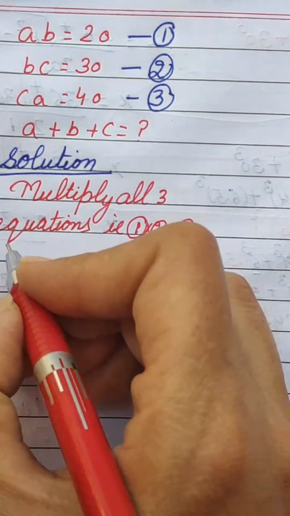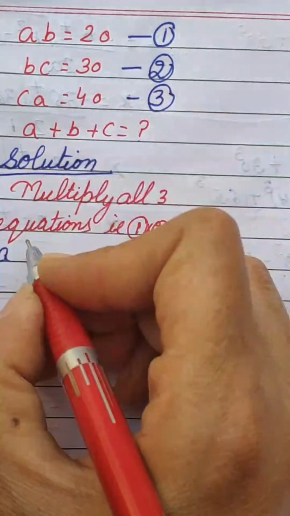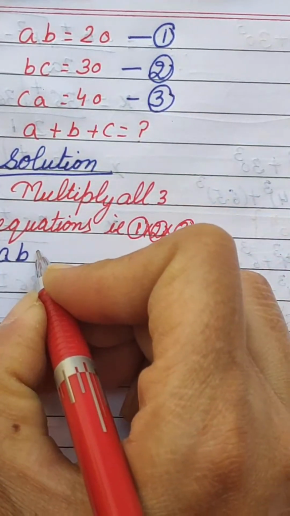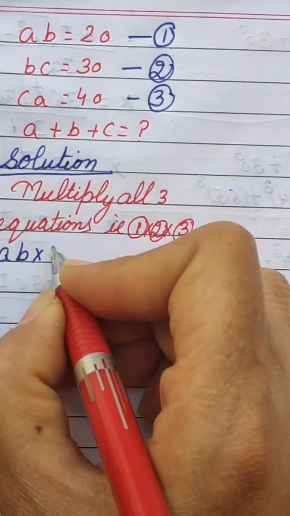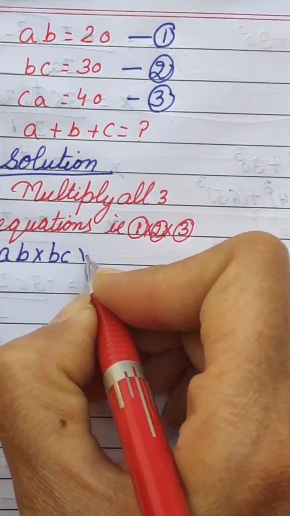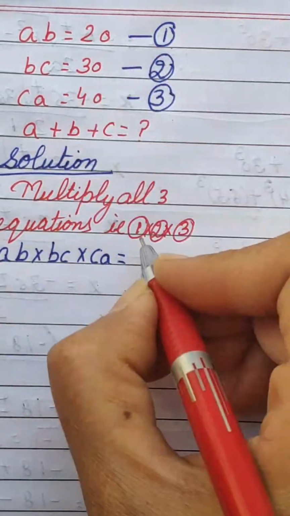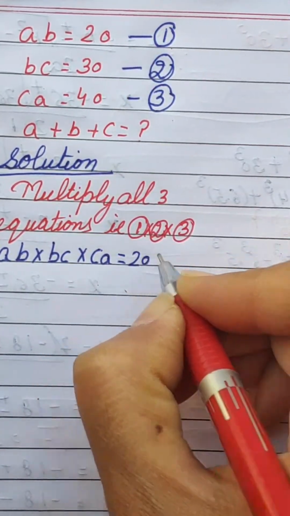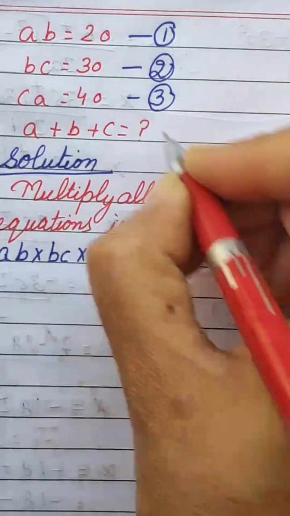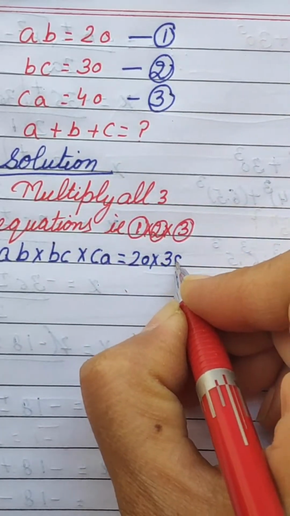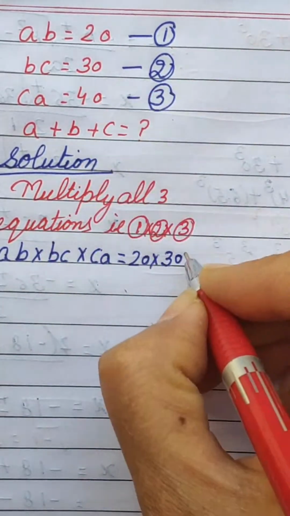So how do you do it? First one is AB multiplied by BC multiplied by CA is equal to 20 multiplied by 30 and multiplied by 40.